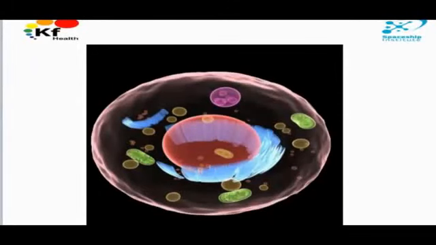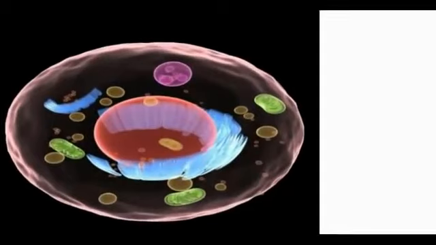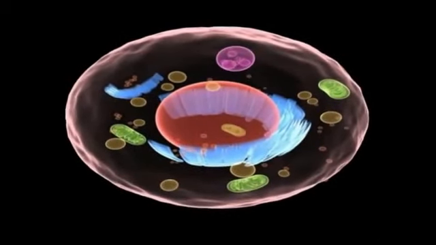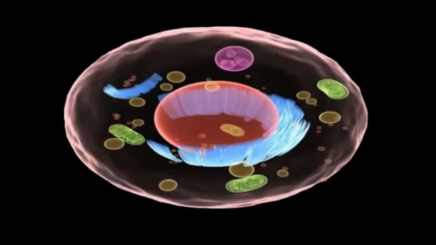The 15th slide is a 3D model of each cell of our body. And mostly cells have a spheric shape, have a nucleus, and different kinds of organelles inside.